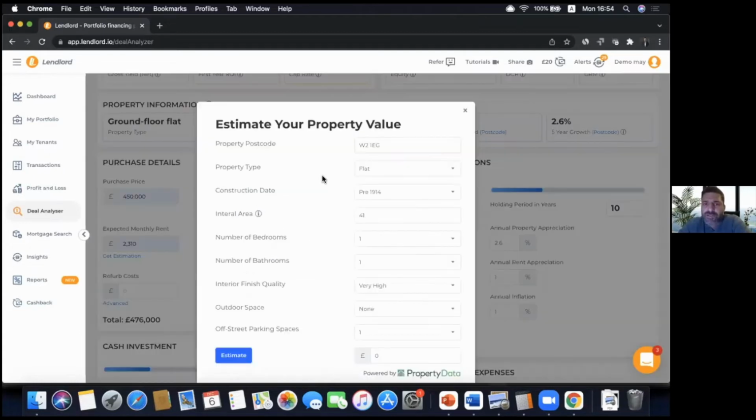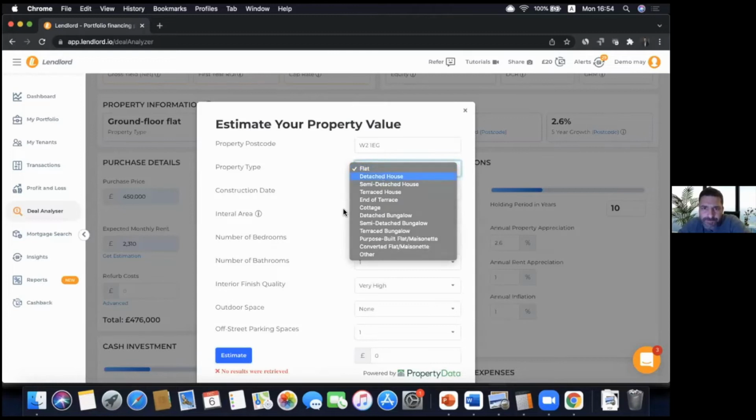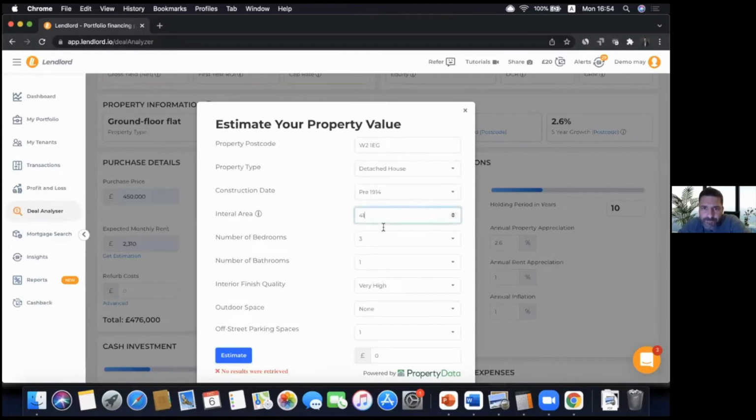I can use our API with property data to estimate the prices in this postcode based on some parameters that I need to enter. And I can use the estimation, or use my own estimation, or any indication I have from outside. But let's use this for instance.